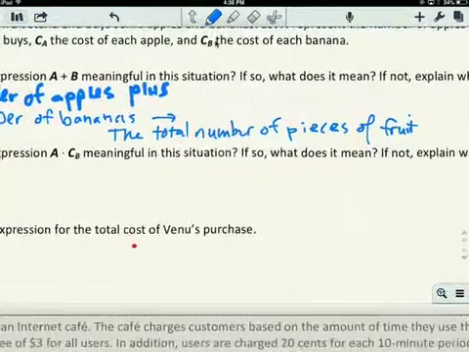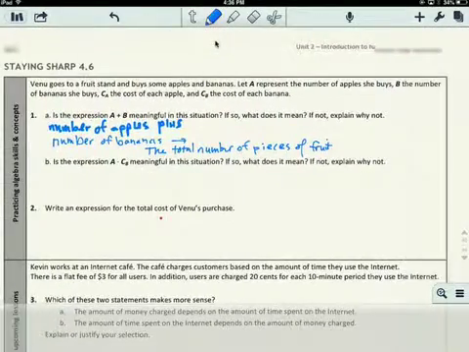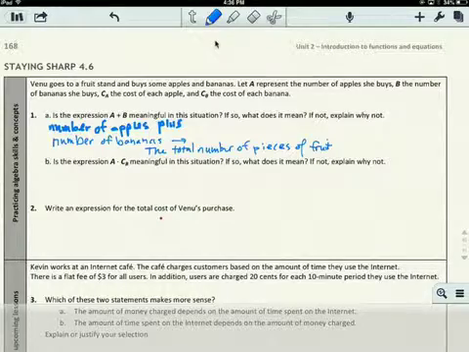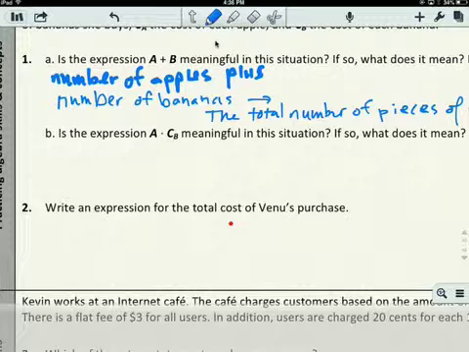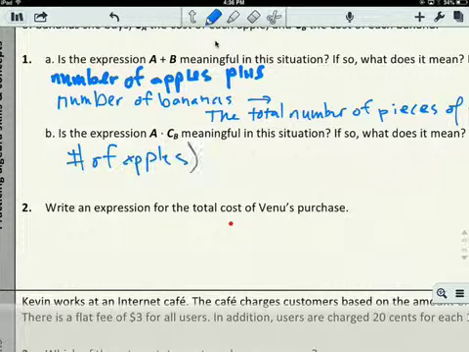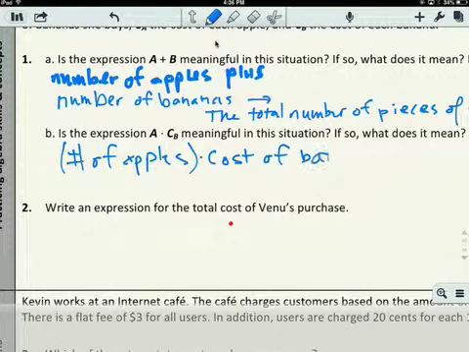All right. Is the expression A times CB meaningful in this situation? If so, what does it mean? If not, why not? All right, A times CB. So that's number of apples times cost of bananas. Number of apples times cost of bananas doesn't make sense.